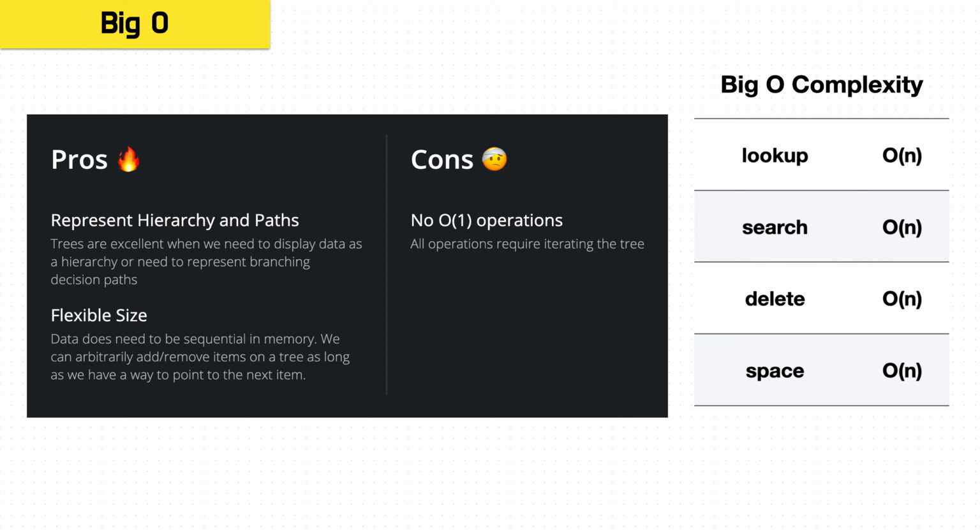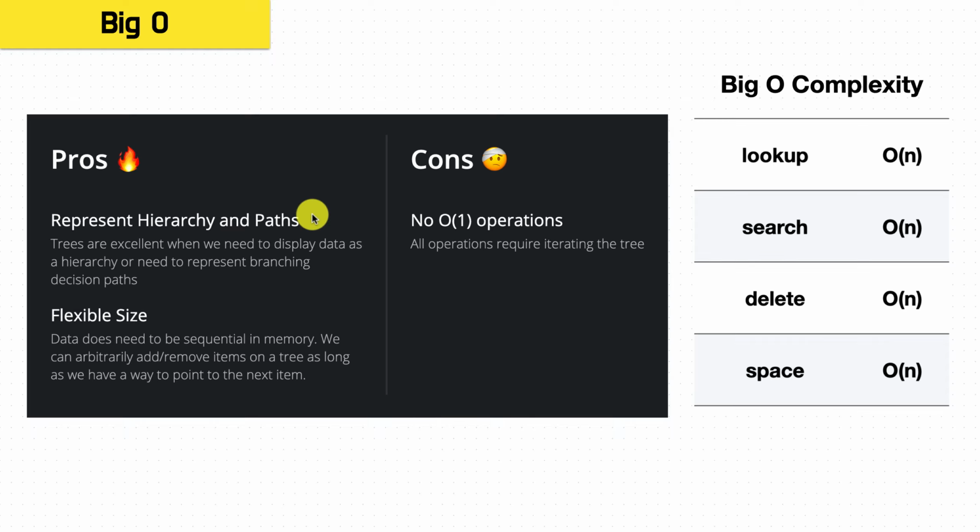And finally, let's look at the pros and cons of trees and understand when we would choose it for our data structure. The first pro is that trees are great at representing hierarchy and paths. For example, you could imagine a hierarchy in real life like a company where the CEO is at the top or the root node, and then all the employees come below him.